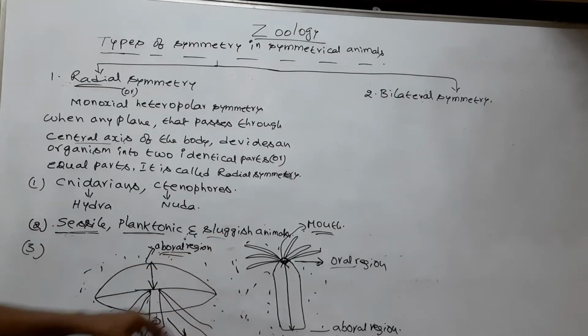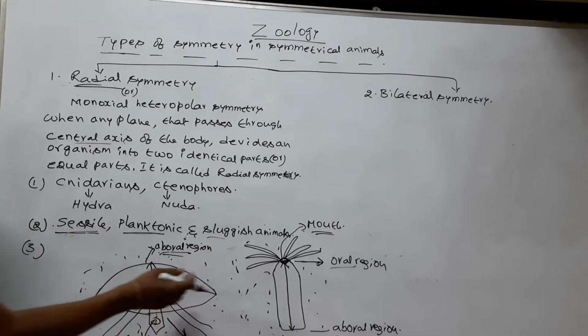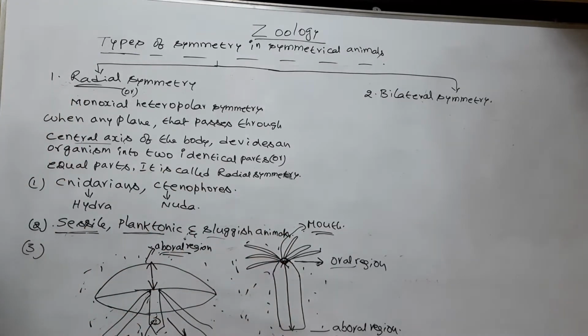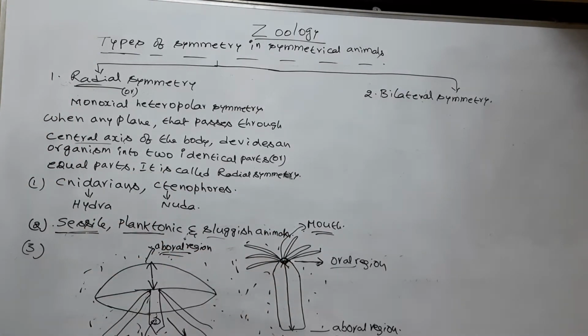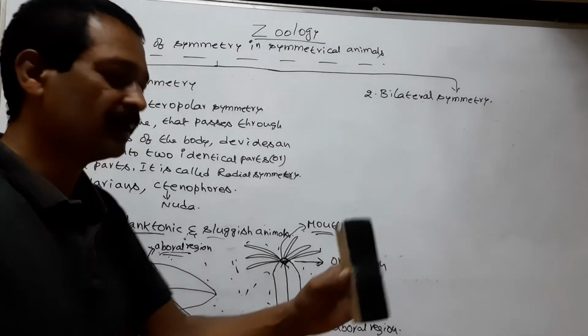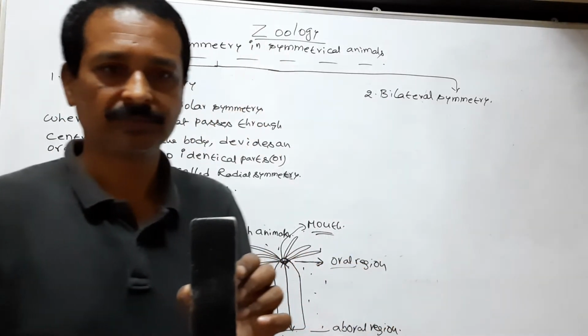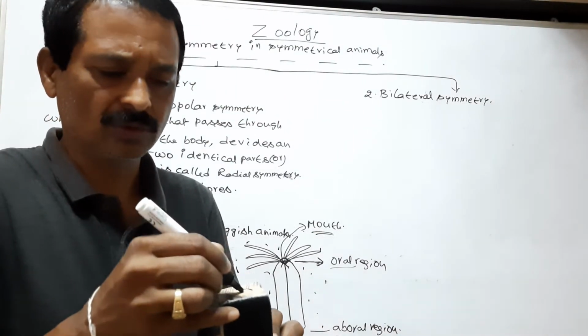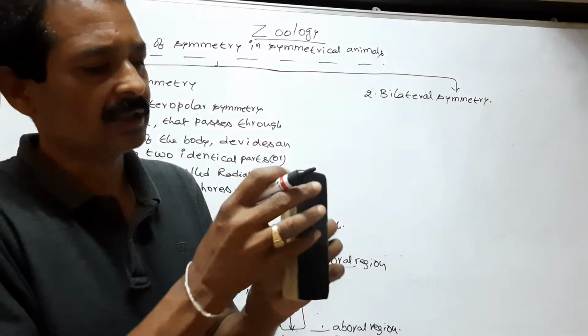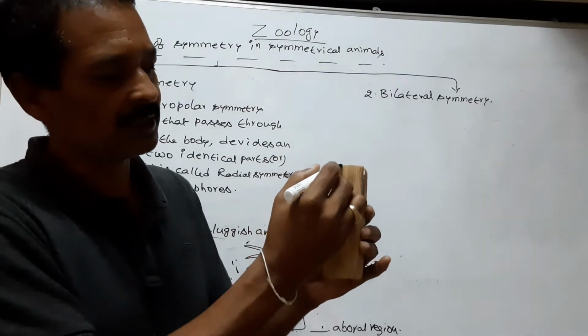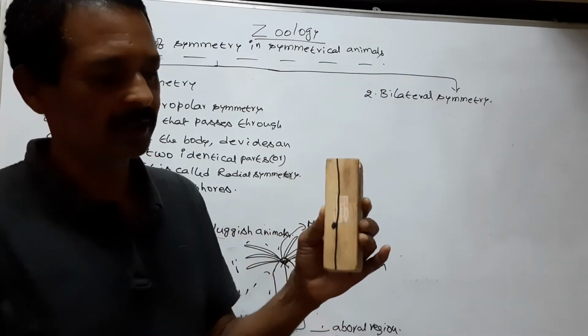So these animals can be cut in any plane passing through the central axis of the body. This type of symmetry is called radial symmetry. For example, this is Hydra. This is the mouth, so this is the oral region, and this is the aboral region. A central axis is present between the oral and aboral regions.